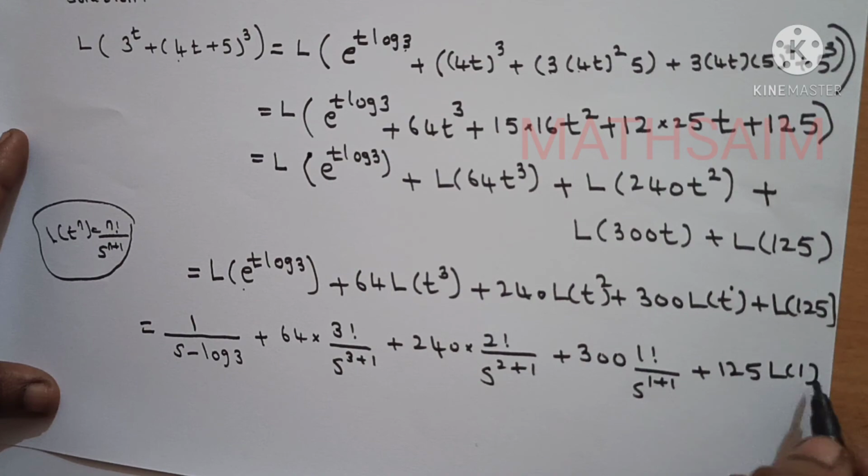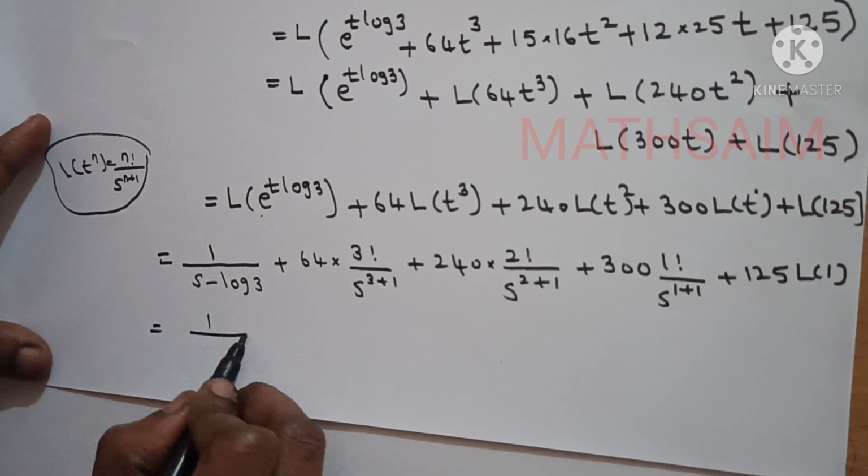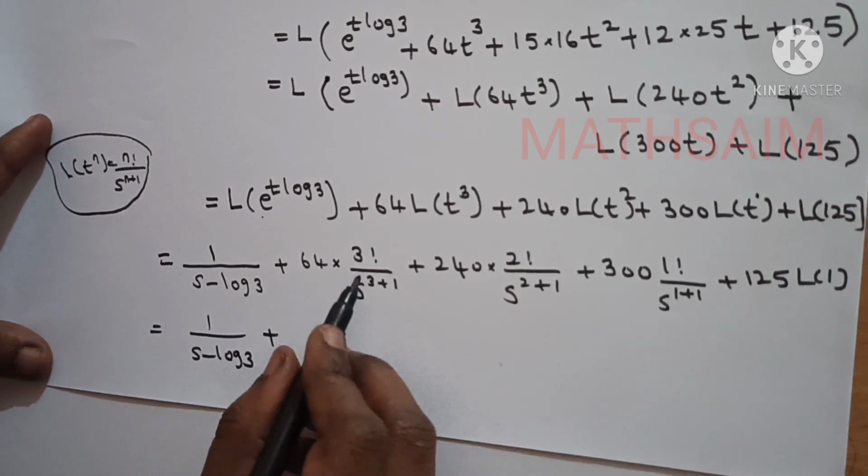this one I can write as 125 into L of 1, or simply you can use the Laplace transformation of k concept. This is equal to 1 divided by s minus log 3 plus, what is 3 factorial?